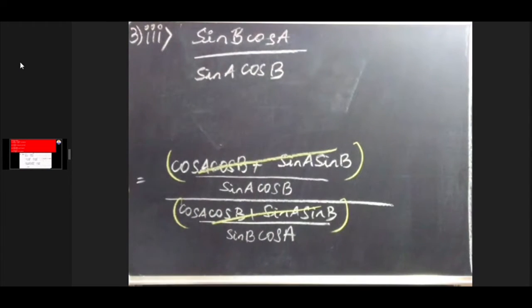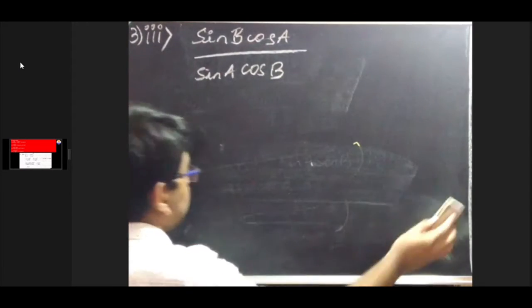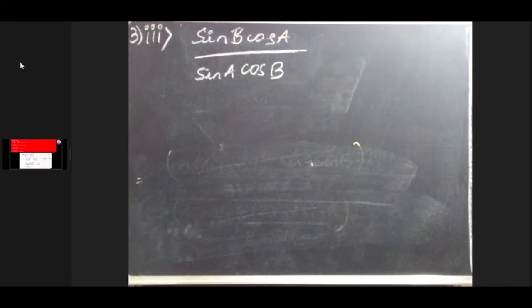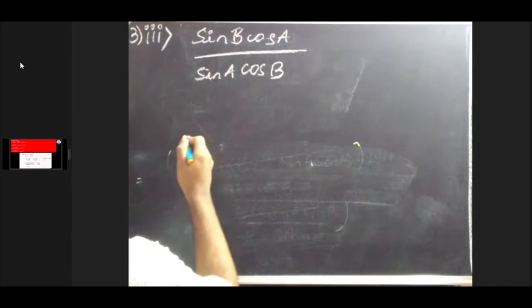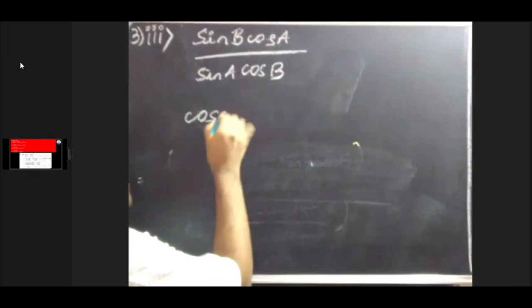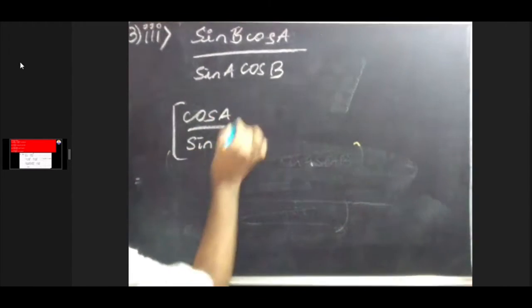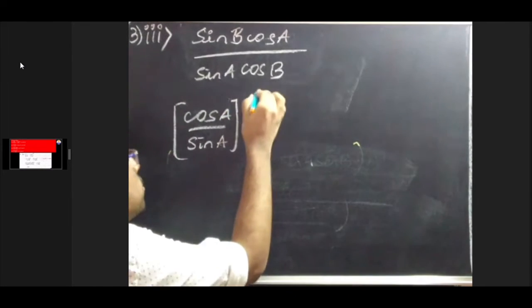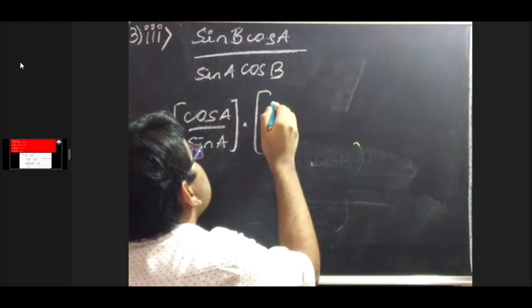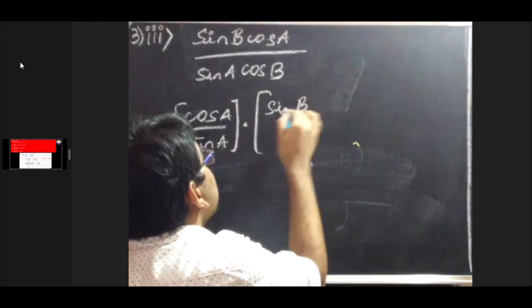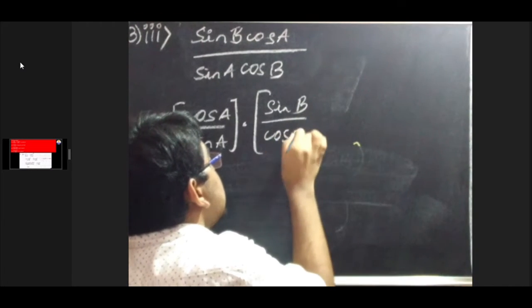Next, let's group them. Cos A by sin A as one term into sin B by cos B as the other term.